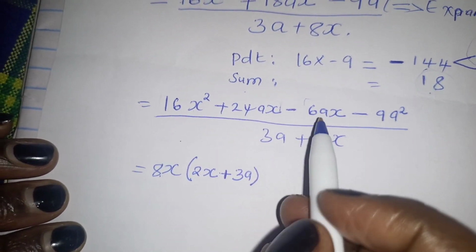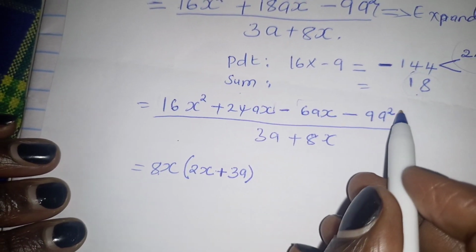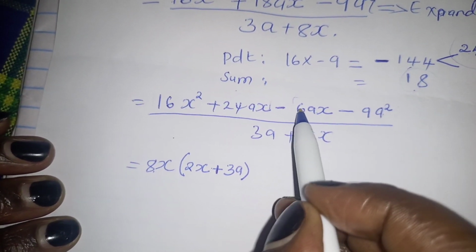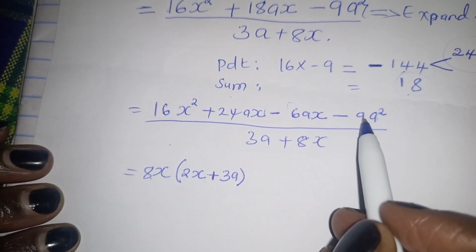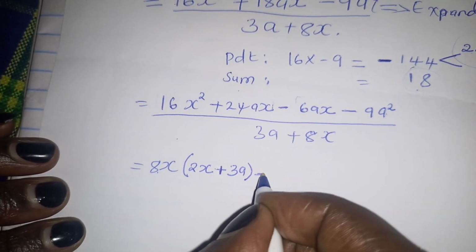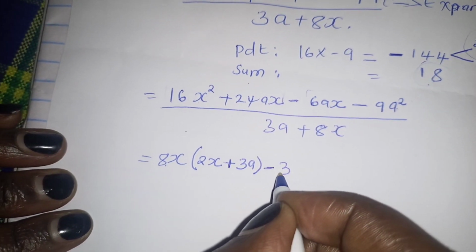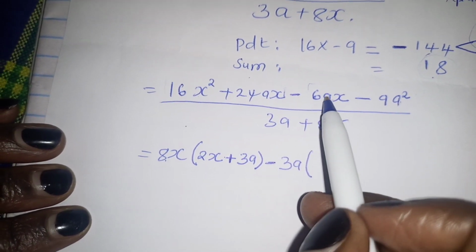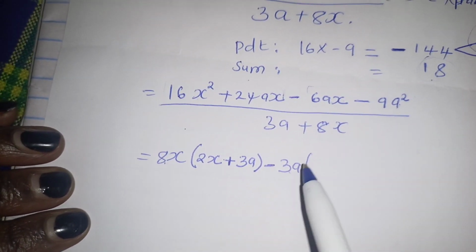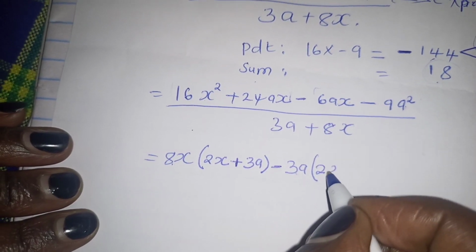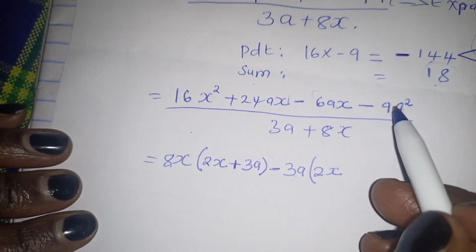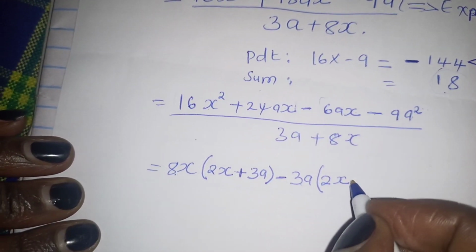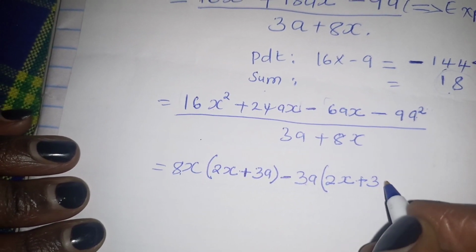Next pair, we have 6ax and 9a squared. So a is common, and also you can see 3 is a factor here. So comfortably you can say that negative 3a is common, so we factor it out. So 6ax divided by 3a gives us 2x. Negative 9a squared divided by negative 3a gives us positive 3a.